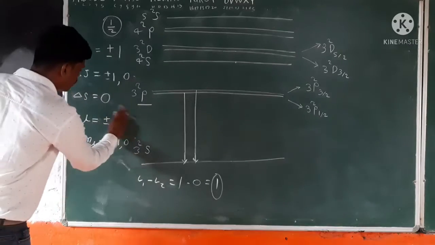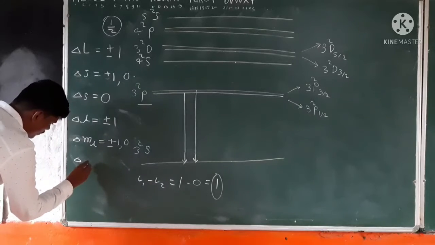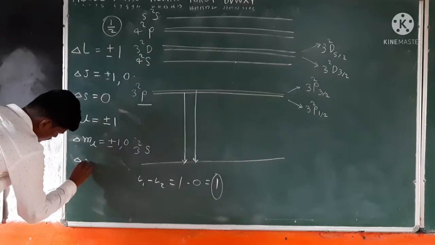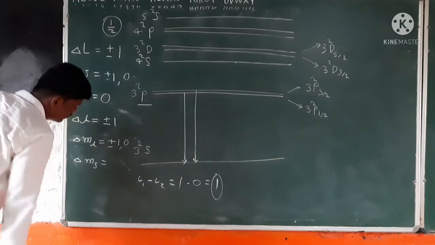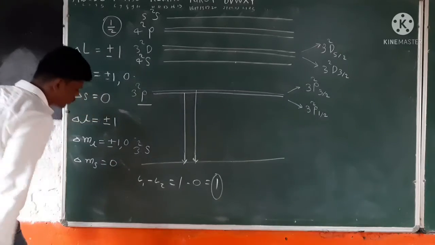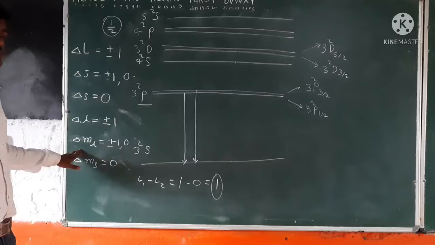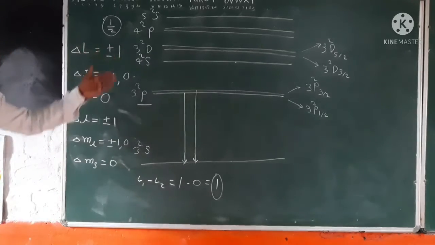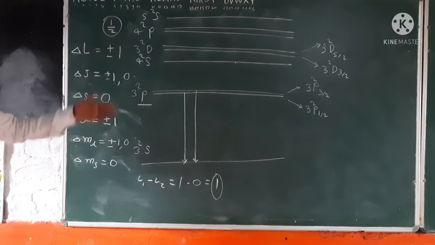These values are allowed. Similarly, for the magnetic spin angular momentum quantum number ms, we have 0. So these are the selection rules for any transition to take place.